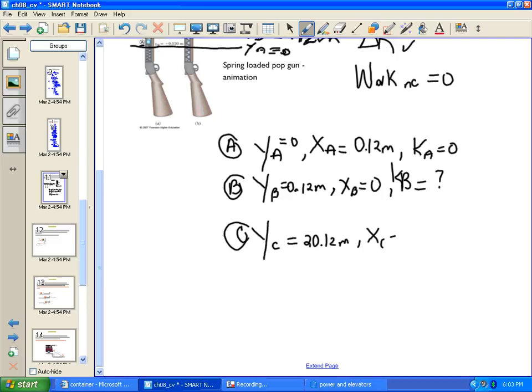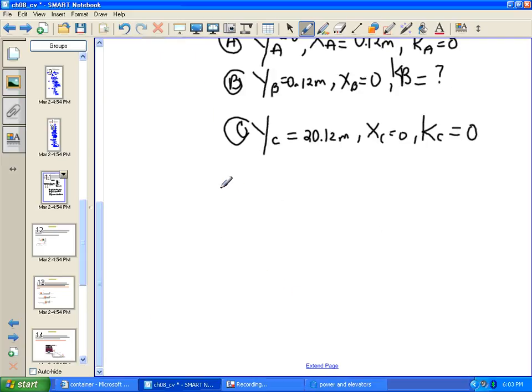X sub C is, of course, 0. The spring is already relaxed. And K sub C, since the projectile reaches its maximum position, will be equal to 0 as well. In other words, V sub y at the maximum height is equal to 0. So armed with that, let's see what we can get.